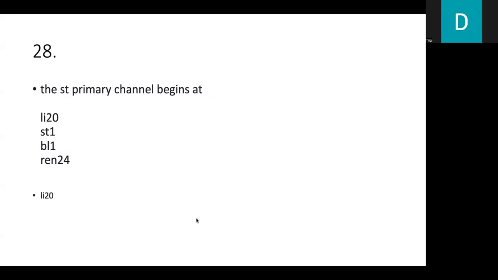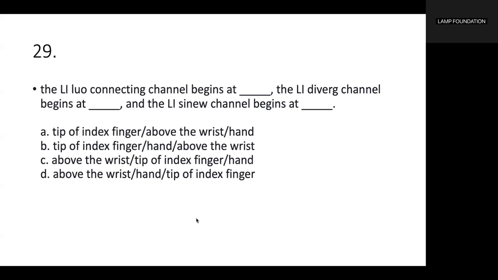LI 20. The LI luo connecting channel begins above the wrist, and then the LI divergent channel begins at the hand, and the LI sinew channel begins at the tip of the index finger. Letter D.